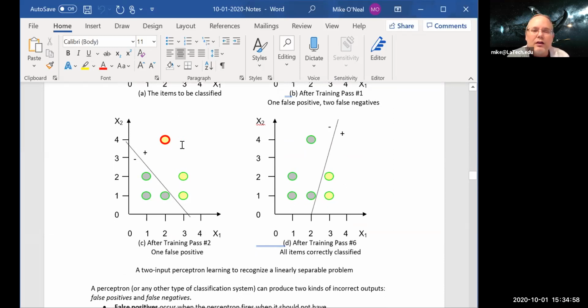There's only one thing that's an outlier. It's saying, hey, this guy at 2, 4, I'm lighting up on it. It's a positive, but really it needs to be a negative. So that's after 1 training pass. After 5 more passes, or 4 more passes, when you get to pass 6, this decision surface will have moved so that everything is correctly classified.